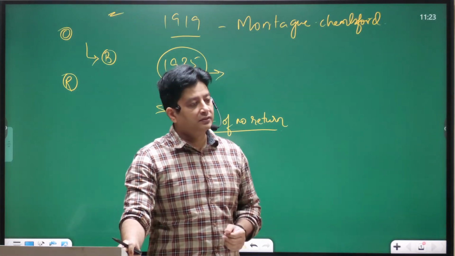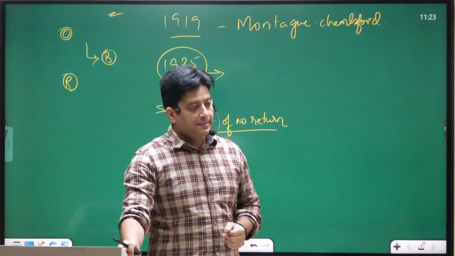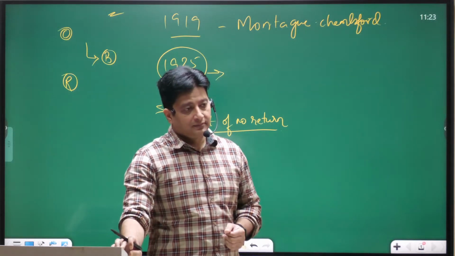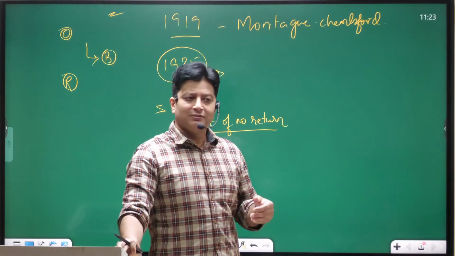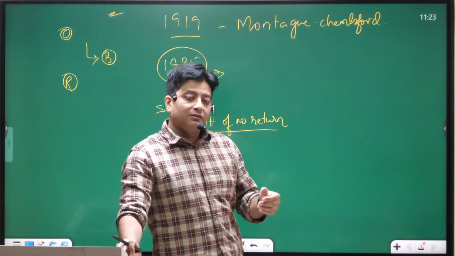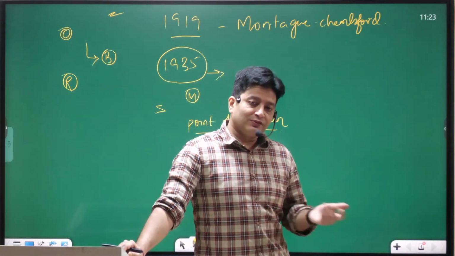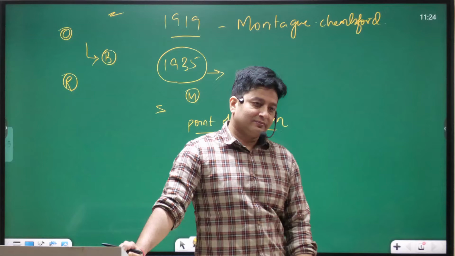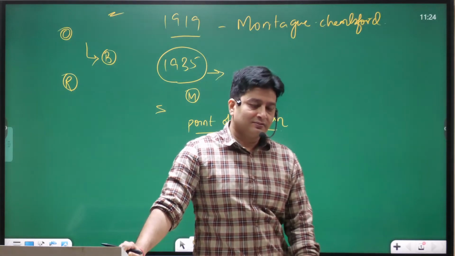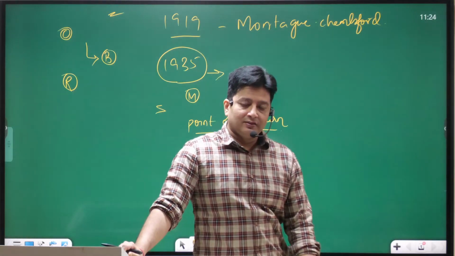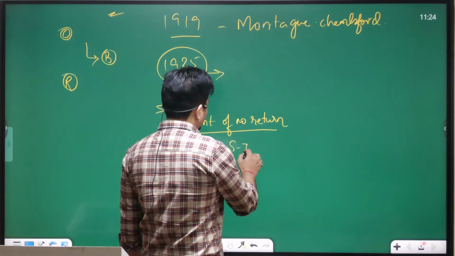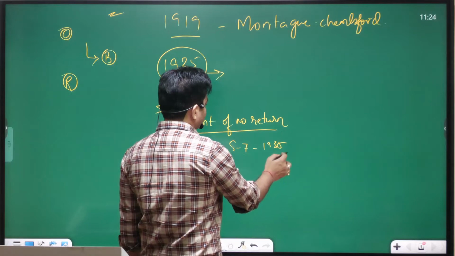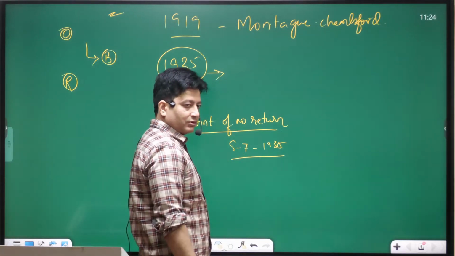What does it mean? It means that the present constitution has borrowed those provisions from the Government of India Act 1935. Indirectly there is a question. So if I ask whether Schedule 7 is connected to 1935 or not, it is a point of no return.